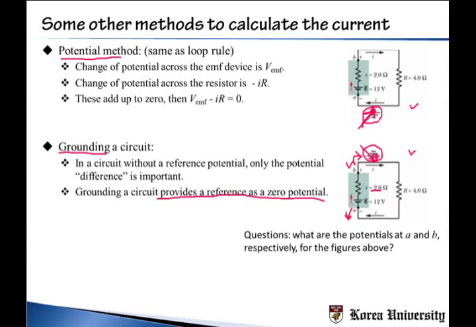So here we have two resistors. So the total resistance is actually 6 ohm, and then the electric potential supplied is 12 volts. So by using Ohm's law, we know that the current is actually 2 amperes. Okay.